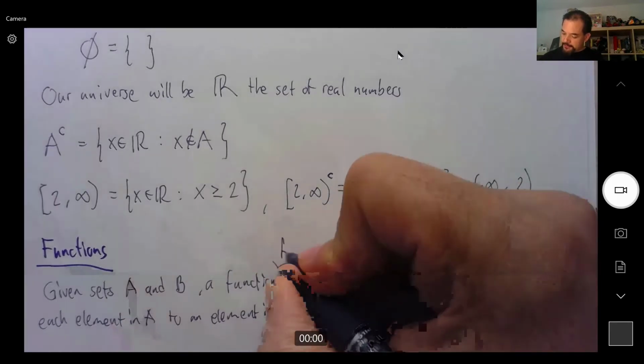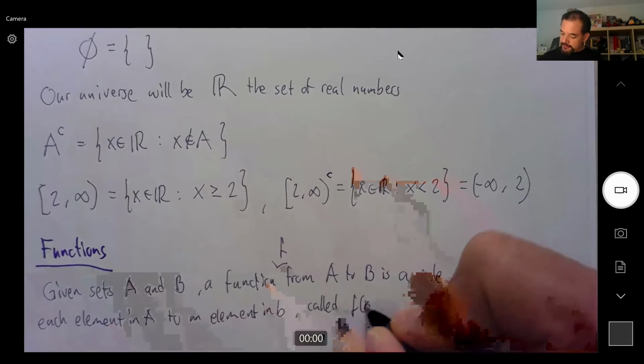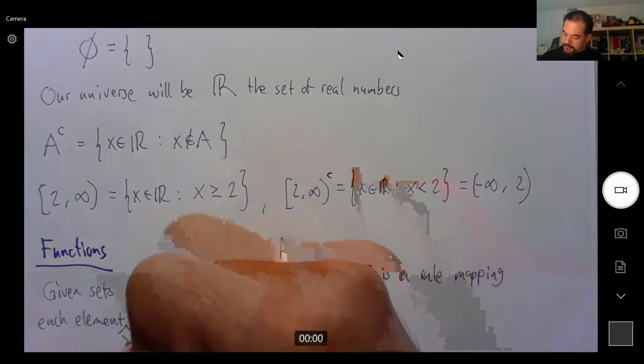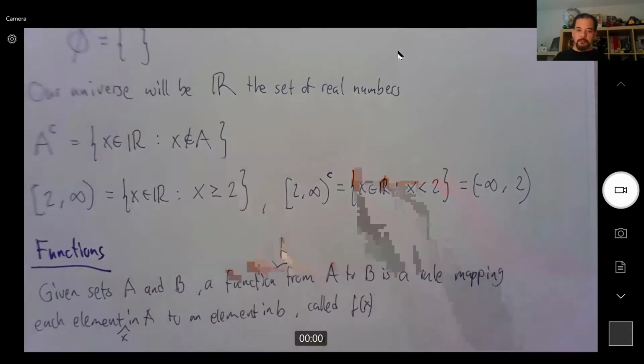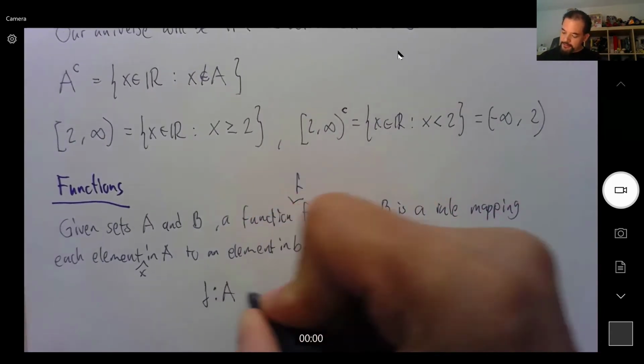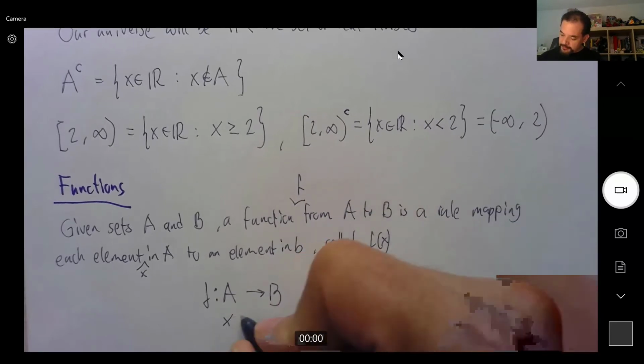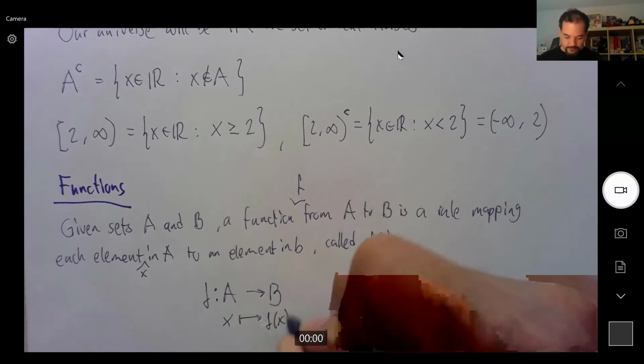Now let's call it F, each element x in A to an element in B that we call F of x. And we usually write it like this: F is a function from A to B. And like we said, it takes x to F of x.